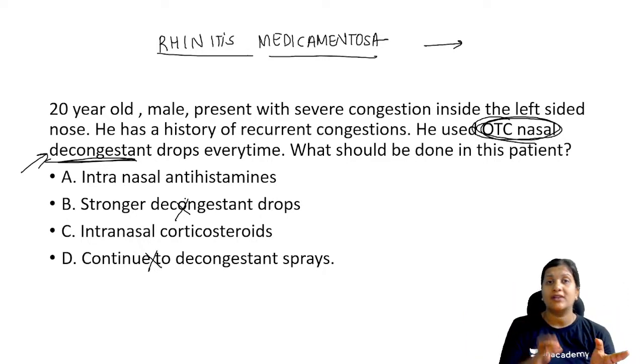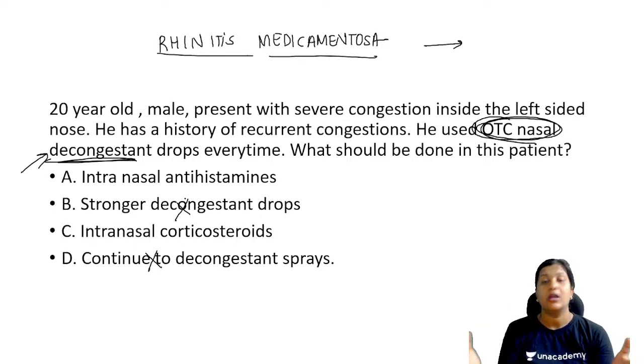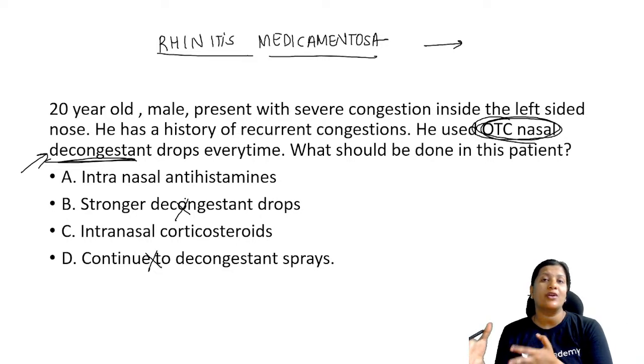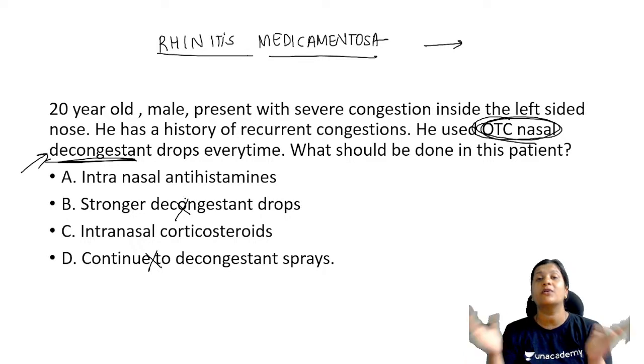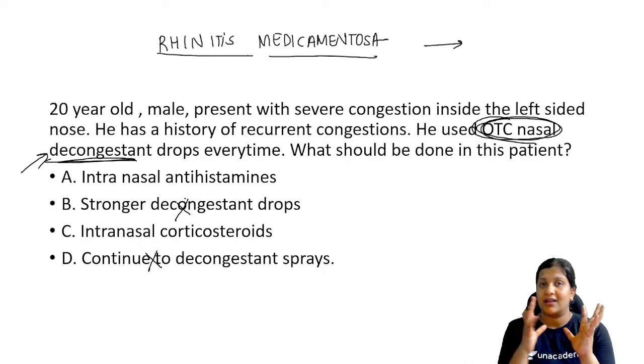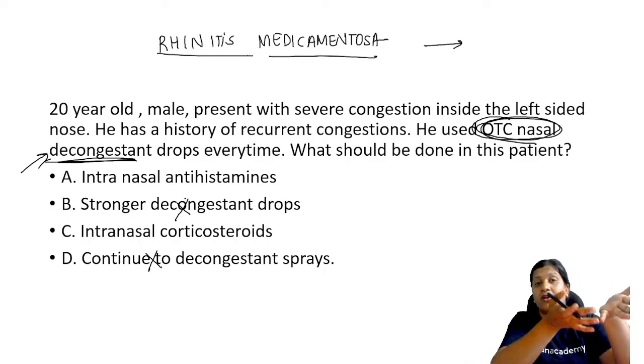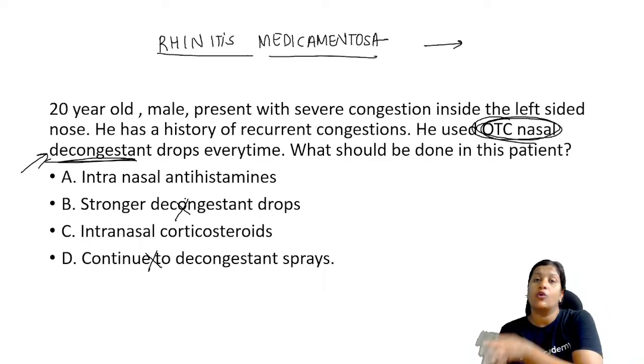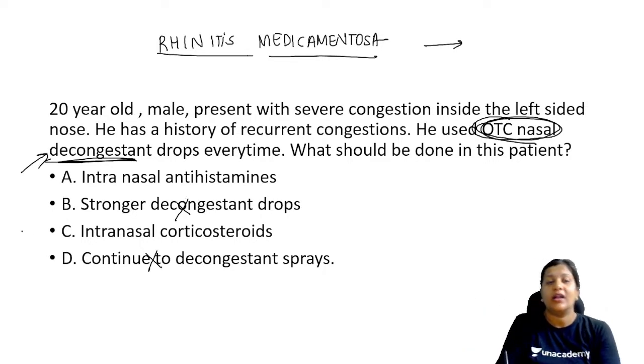Now I have a choice of either a systemic steroid or an intranasal steroid. Which one would I prefer? I will not prefer systemic steroids because of their potential adverse effects. I will choose an intranasal steroid because that is going to give me the upregulation I want and is going to potentially lower the adverse outcomes. So intranasal corticosteroids will be the treatment of choice for rhinitis medicamentosa.